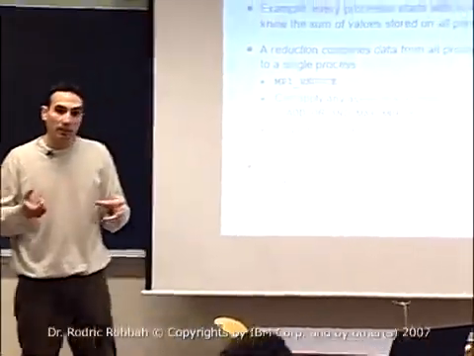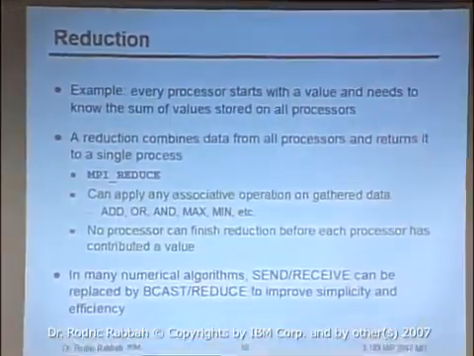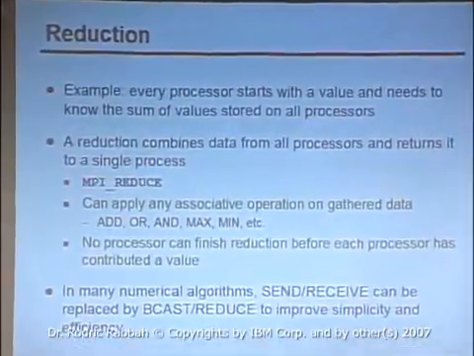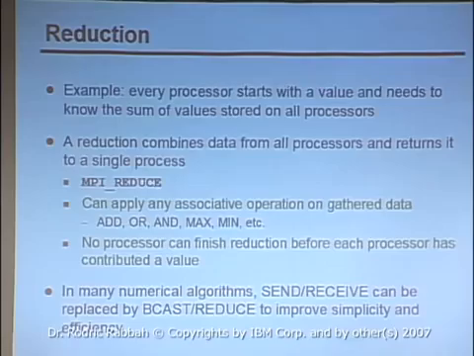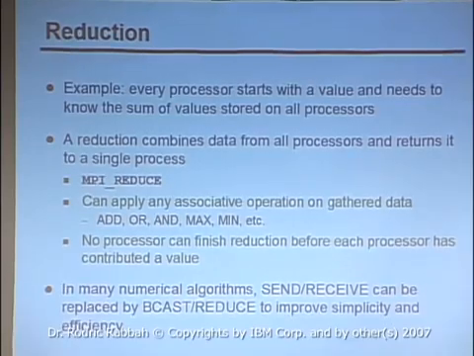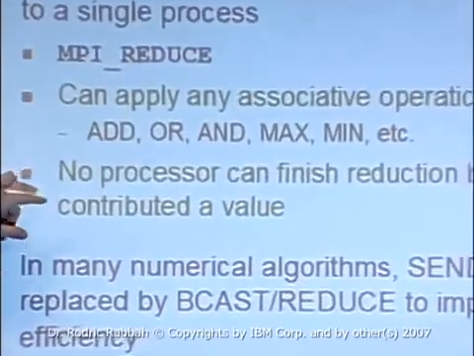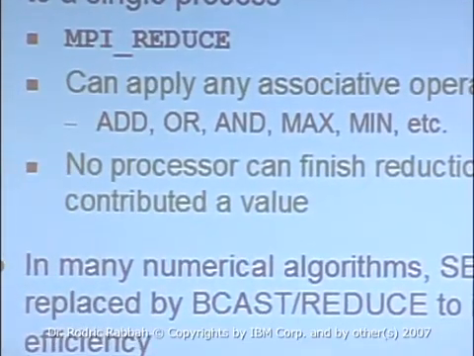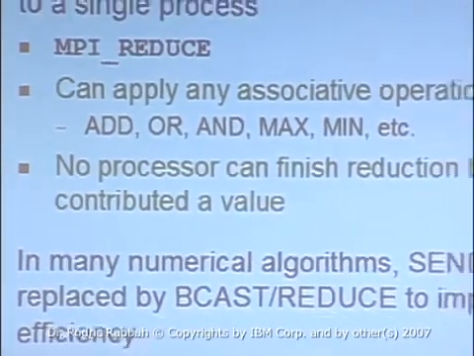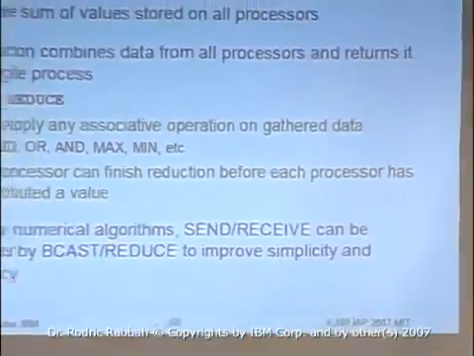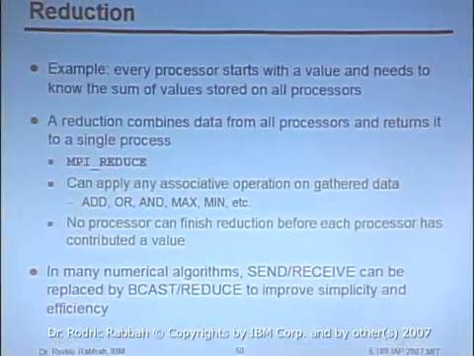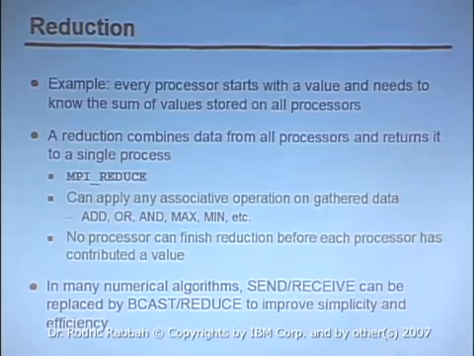And the collective operations are things that are associative: add, subtract, and, or. You can read them on the slide. There's a semantic caveat here, which is that no processor can finish the reduction before all processors have at least contributed a particular value.